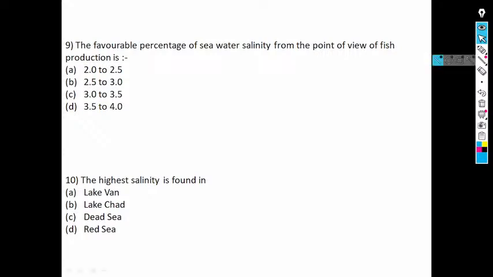Then these last two questions, the percentage of seawater salinity.